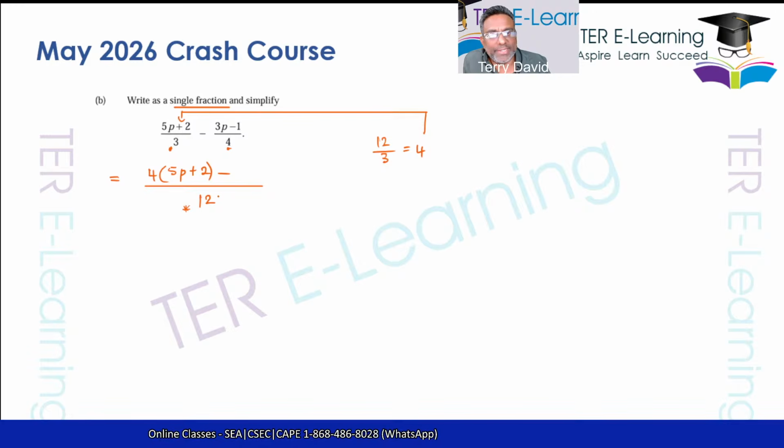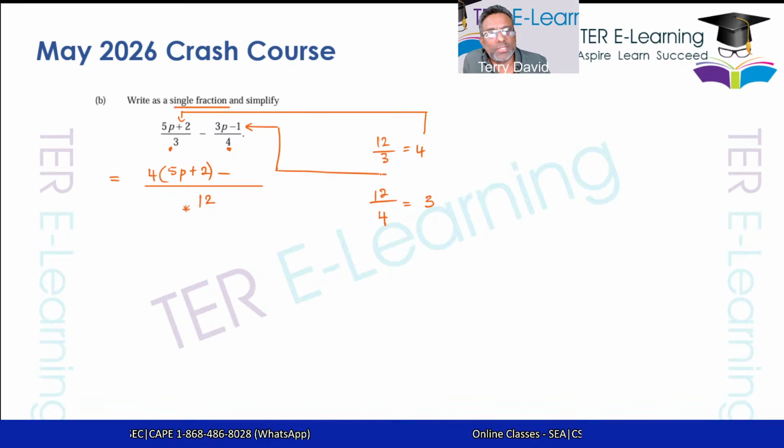You put back your minus sign because you're subtracting two fractions. Then we're going to take the 12 and we're going to divide now by this denominator here, which is 4. And in this case here, this is going to give us 3. So what's going to happen here is that you're going to take that 3 and you're going to multiply that by your numerator, which is 3p minus 1. So this is going to be 3 multiplied by 3p minus 1.